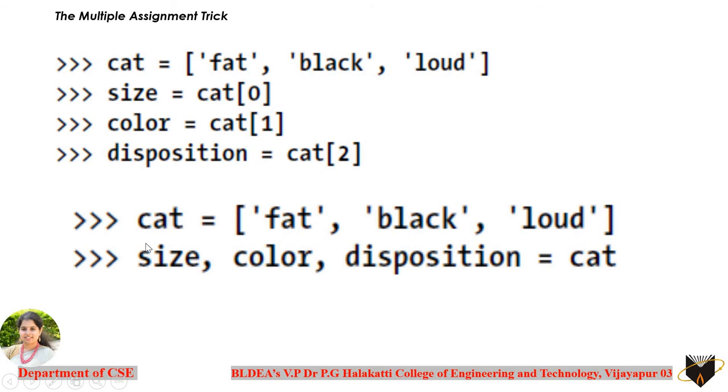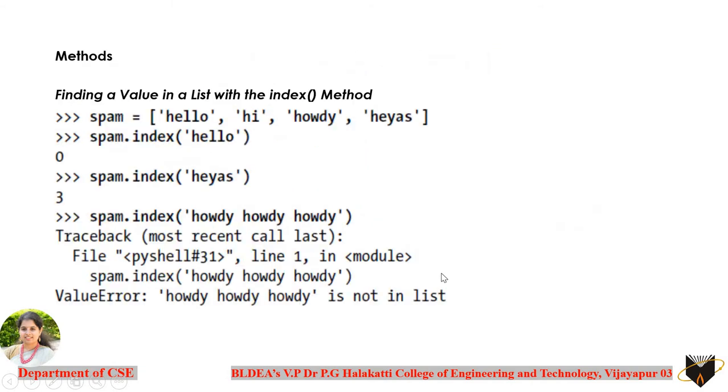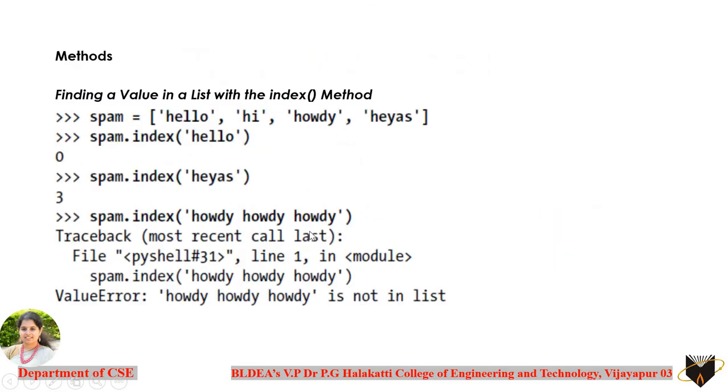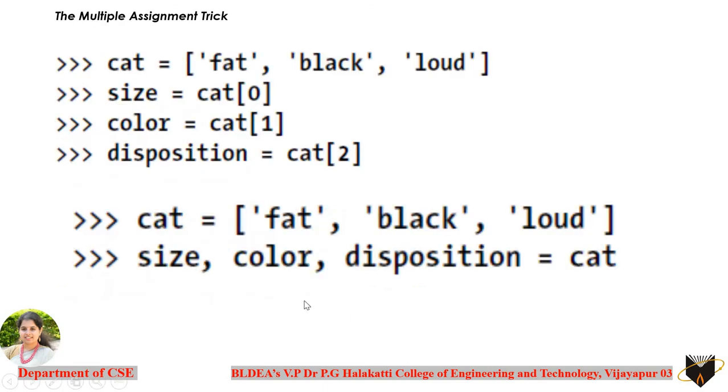But one thing you need to remember here is that whenever you use multiple variables on the left with a list variable, the number of contents in the list needs to be exactly the same as the number of variables on the left hand side.